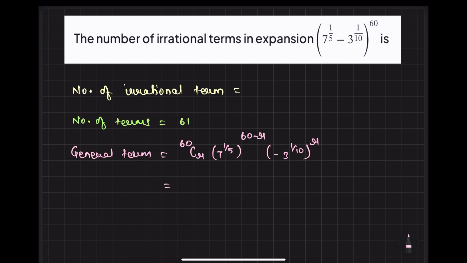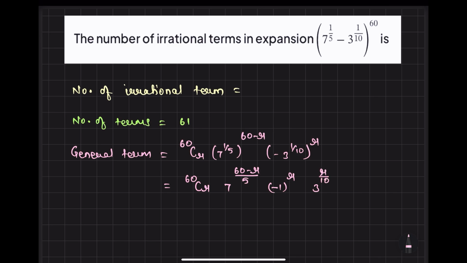Now I'll be segregating things. So it is 60 C r, and then 7 to the power (60 minus r) by 5, and then minus 1 power r, and then 3 power r by 10.